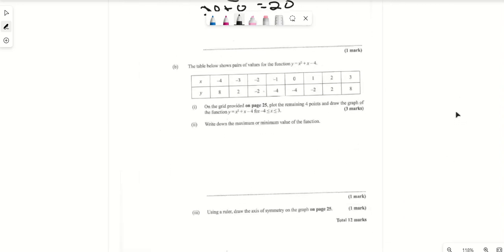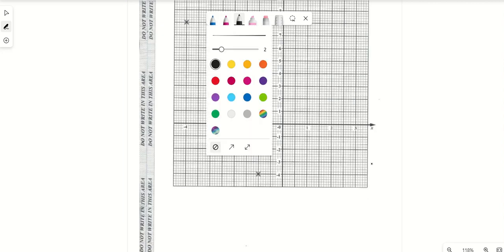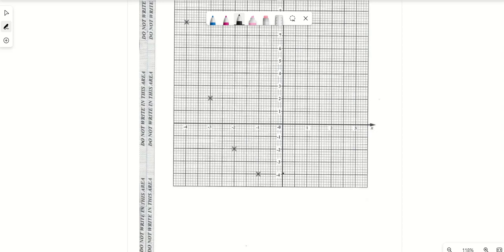The next one is minus 1, 4. The next coordinate is 0, 4, if I'm not mistaken. So that means we have to plot 0, and x is 0, y is minus 4. That is on your y-axis, so that would be right here.